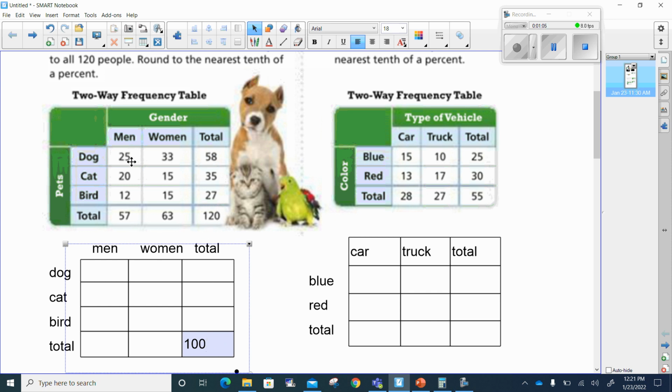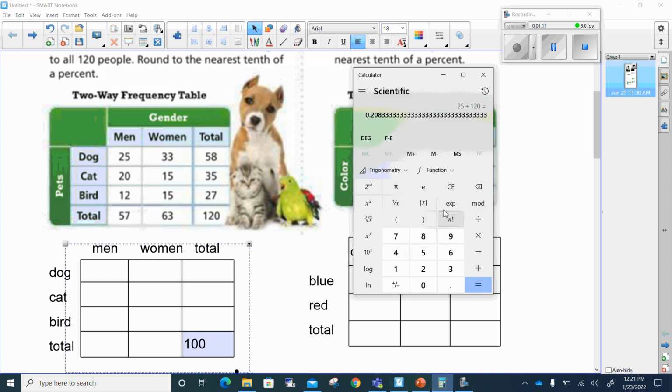So let's start here. We have 25 divided by 100. 25, I'm sorry, divided by 120 will give us 20.8.